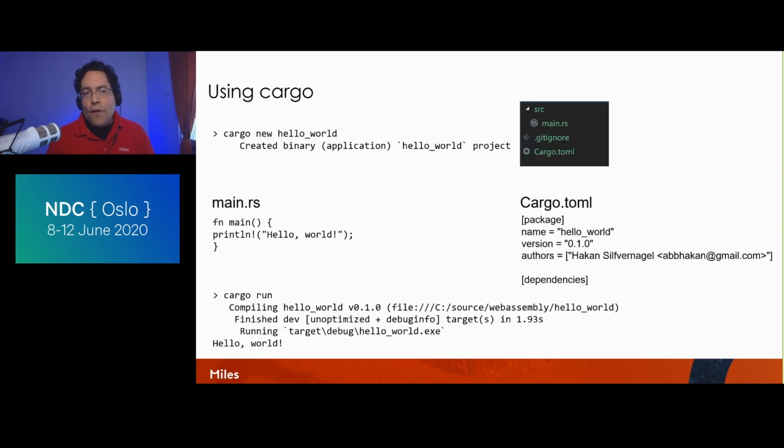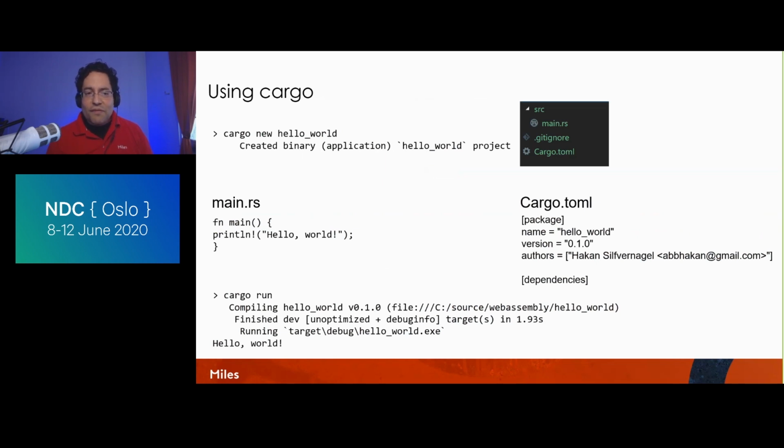We can also use cargo. On the command line, if we write cargo new and then the name of a project, it will create a binary application and the project. You will get a source folder containing a main Rust file, and you will also have a package declaration, which is called a TOML.